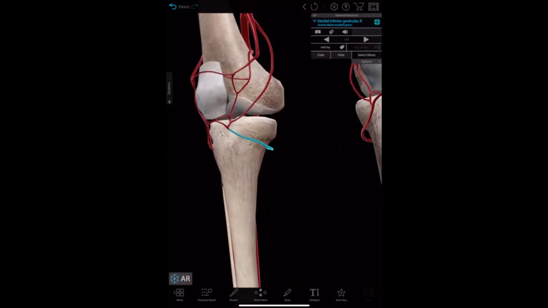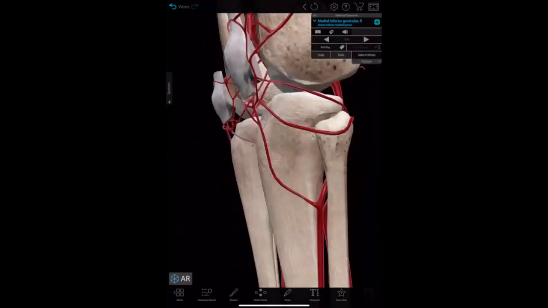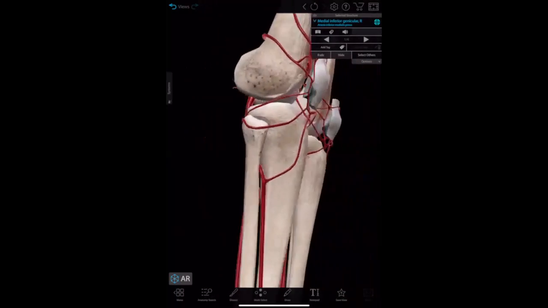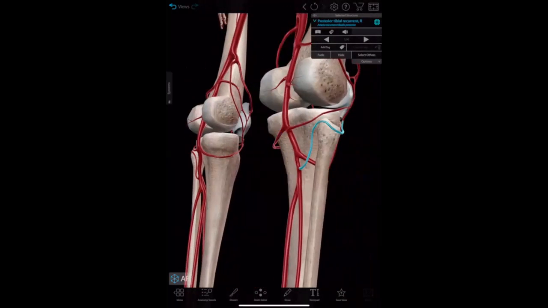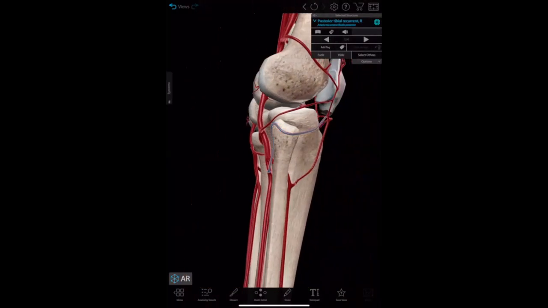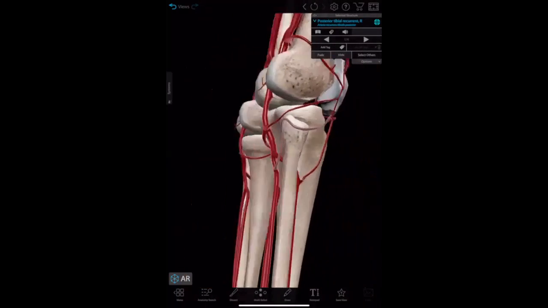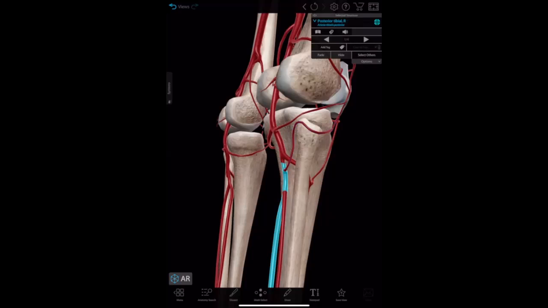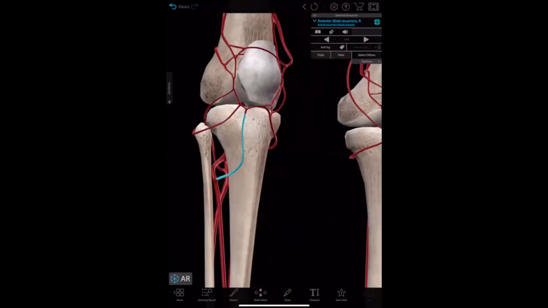This one is the medial genicular artery, right? This one is also recurrent. So this one is the posterior tibial recurrent artery, okay. One is coming from anterior tibial artery, one is coming from posterior tibial artery, okay. So these are the recurrent tibial arteries, okay.